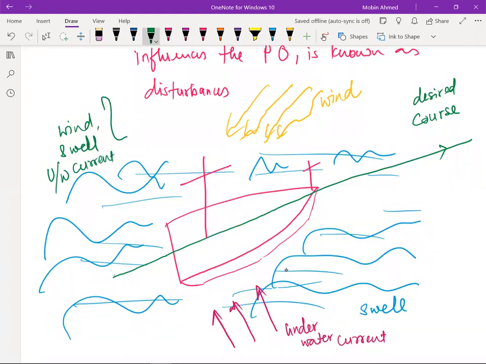Okay. These all are known as disturbances. These all are the external factors which influence the process. That is known as a disturbance. Okay? Any doubt?